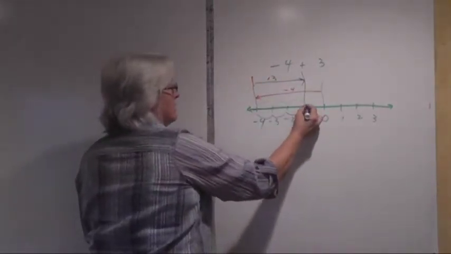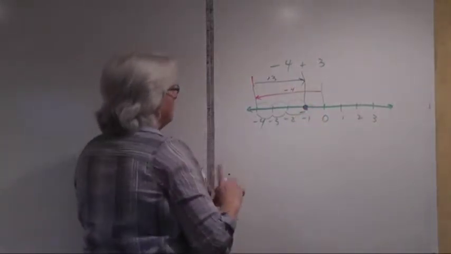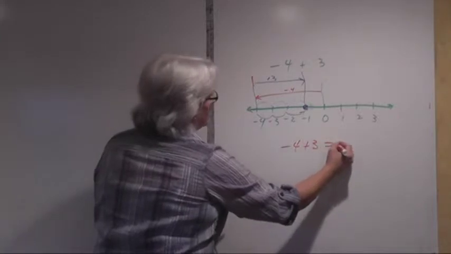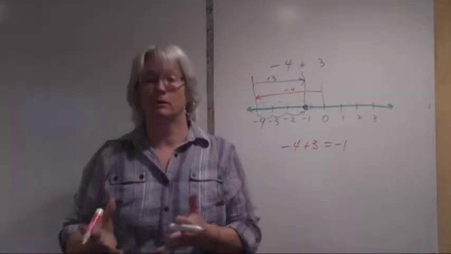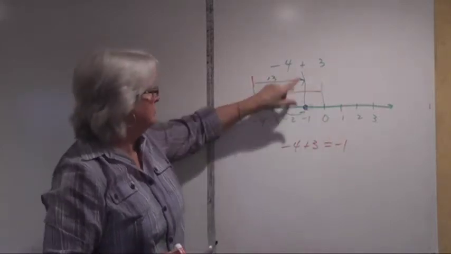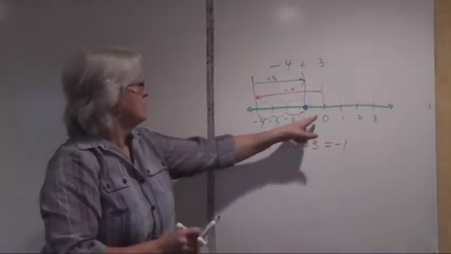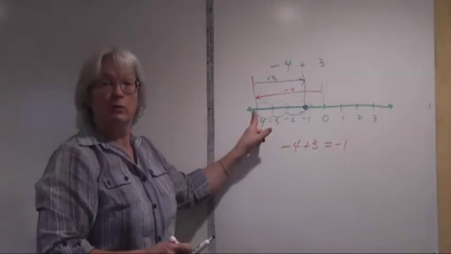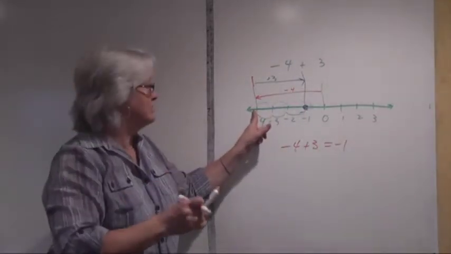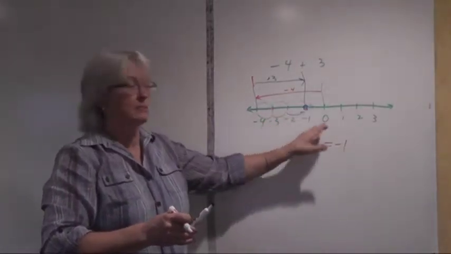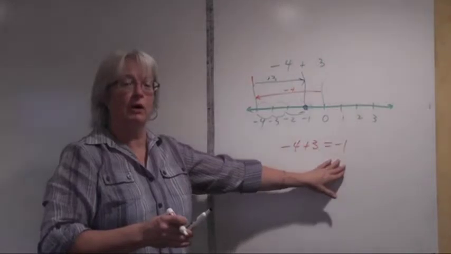We end up, graphically, with negative 4 plus 3 equal to negative 1. We started at 0. First we moved 4 units backwards: 1, 2, 3, 4. Then we moved 3 units forward by adding 3: 1, 2, 3. We ended up with negative 1.